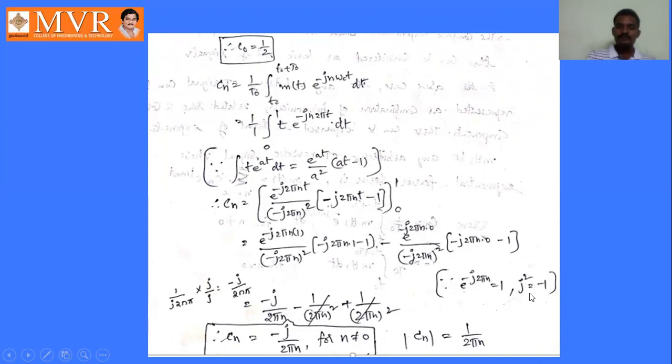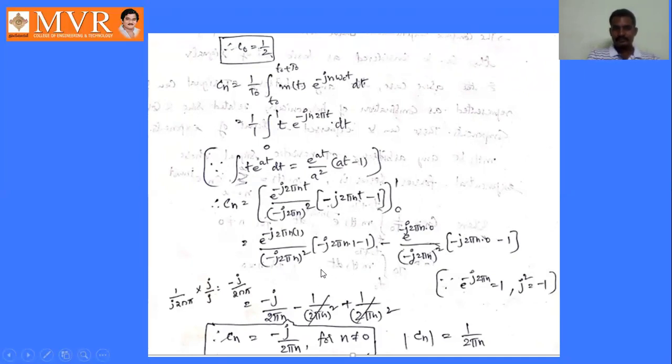So substitute j square equal to minus 1, it becomes j square into 4 pi square n square, and e power 0 is 1. So it is 1 by j square into 2 pi n whole square minus 1 by j square into 2 pi n whole square, and j square is minus 1.